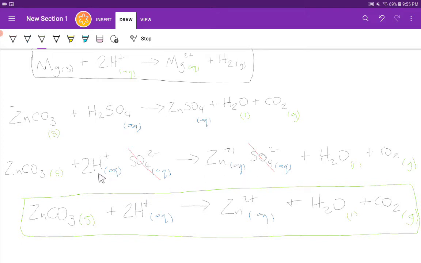We cancel the spectator ions, and we get our net ionic equation. So what this tells us is that when the zinc carbonate reacts with sulfuric acid, the hydrogen ions are reacting with the zinc carbonate to give us zinc ions, or zinc in solution, as well as water and carbon dioxide.